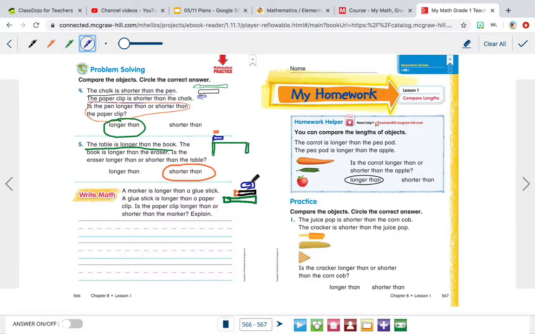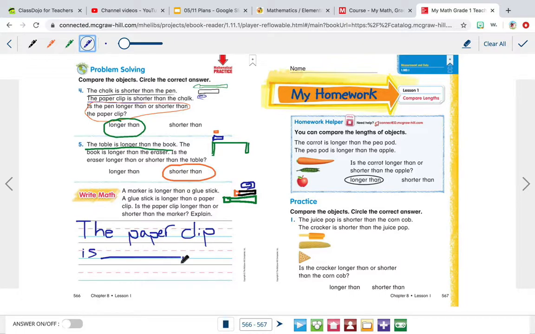Is the paper clip longer than or shorter than the marker? So you're going to write the paper clip, P-A-P-E-R, C-L-I-P, is, now you're going to write either shorter than or longer than.